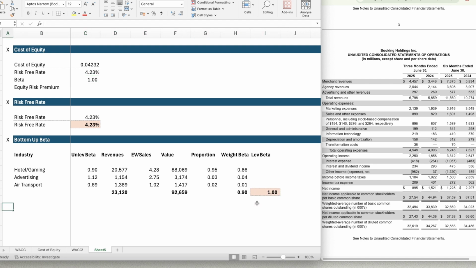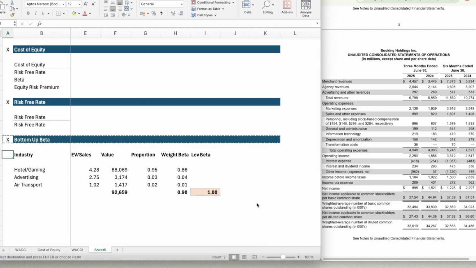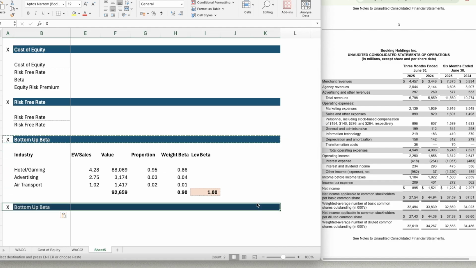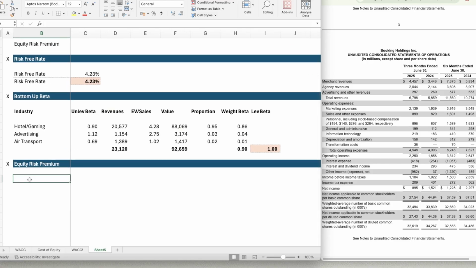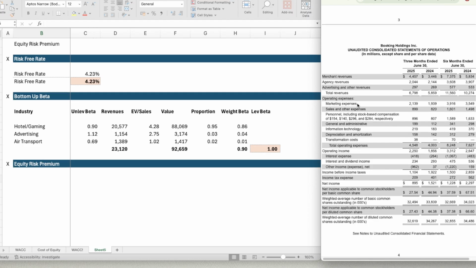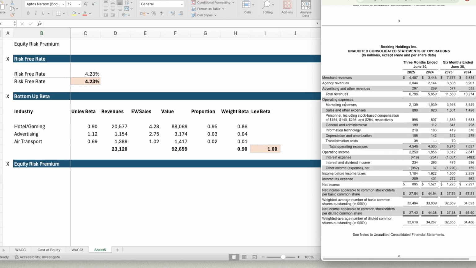Okay, that's looking good. Now let's do the equity risk premium. As I said, Booking doesn't give a breakdown of where it generates its revenue.